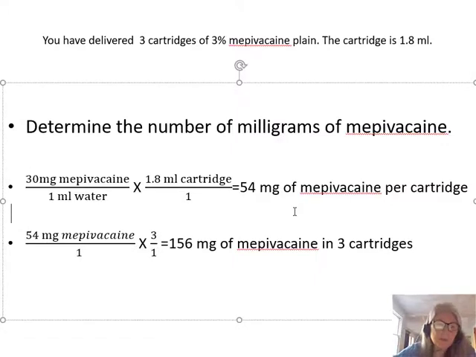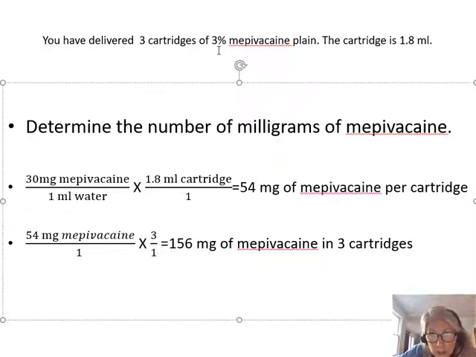So now you have delivered 3 cartridges of 3% mepivacaine plain. And when you see the word plain in the problem, it means that there is no vasoconstrictor. It's only mepivacaine within the cartridge, so you need to just determine one drug amount that you've delivered. The cartridge is 1.8 milliliters.